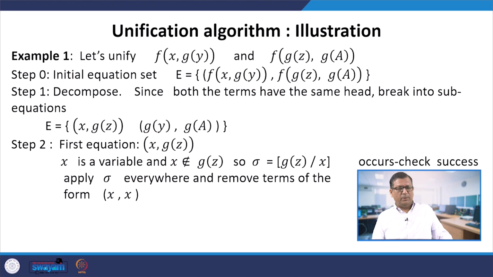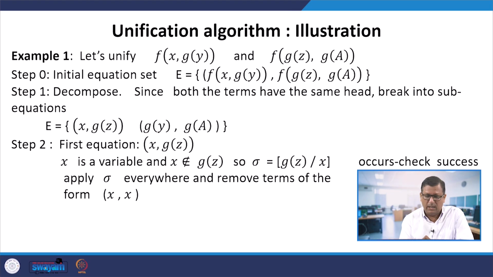The first example is a term involving a head f, with two arguments in the first term, and two arguments in the second. So by that rule, the initial equation set will be like this. These two terms we place in the equation set.